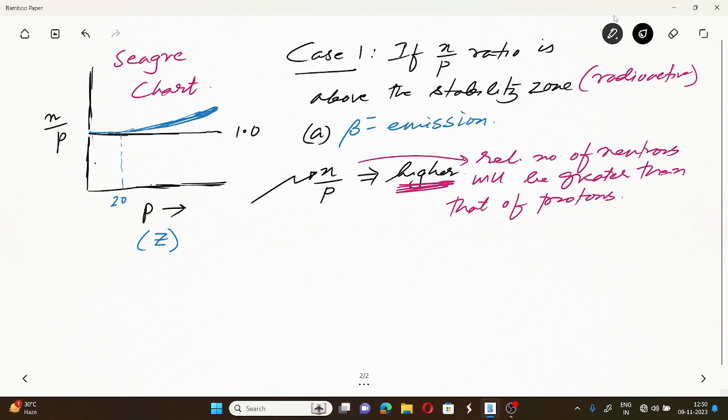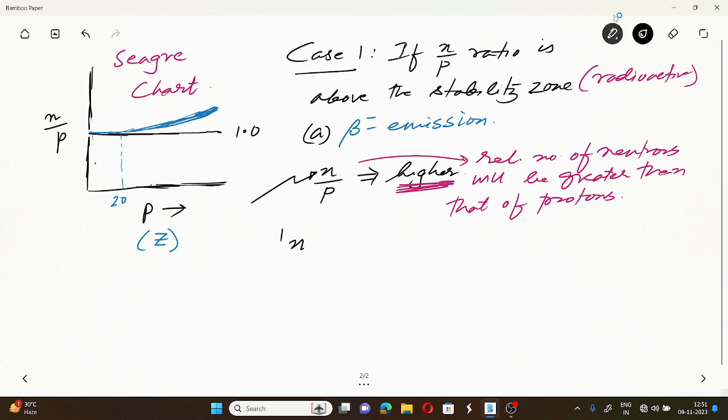So in order to gain stabilization, since such nuclides with n by p ratio above the stability zone are unstable, it is because the number of neutrons is high that they are unstable. Then the neutrons are converted to protons.